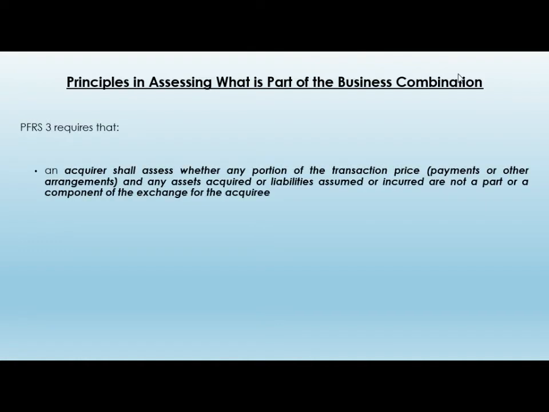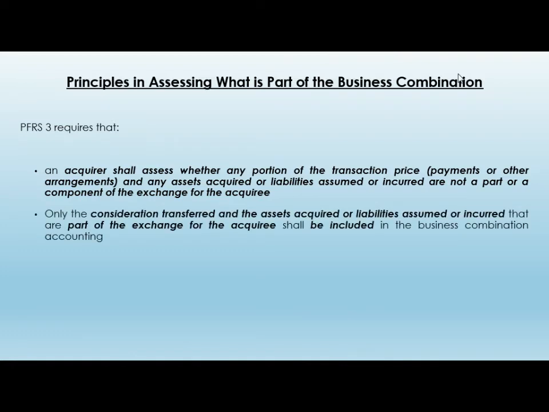So let's move on to the principles in assessing what is part of the business combination. PFRS 3 requires that an acquirer shall assess whether any portion of the transaction price, payments to or other arrangements, and any assets acquired or liabilities assumed or incurred are not part of the exchange for the acquiree.